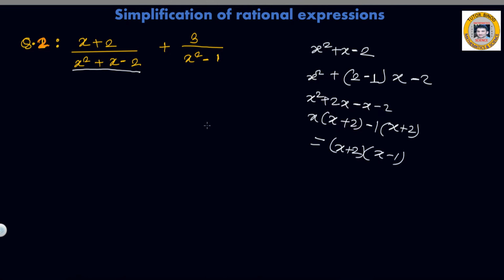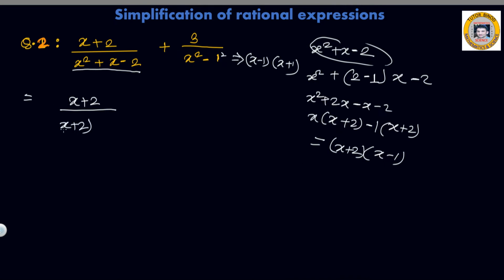Let me write this other expression, which is in the form a square minus b square, which would be equal to x minus 1, x plus 1. So the second step will be x plus 2. If I factorize the denominator of the first term, I would get x plus 2, x minus 1.